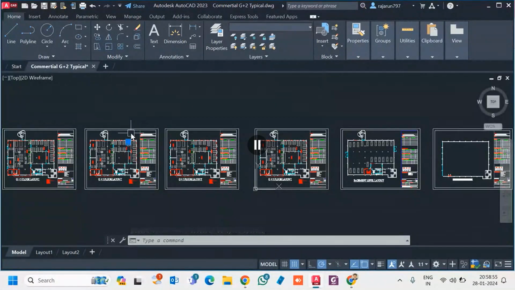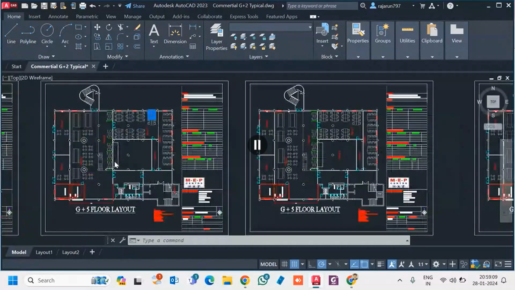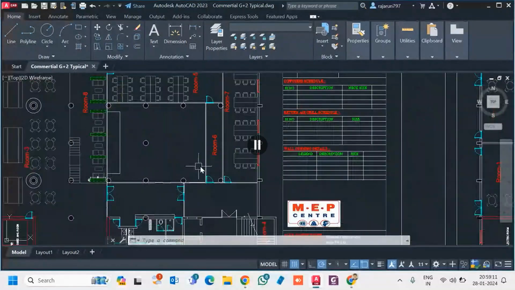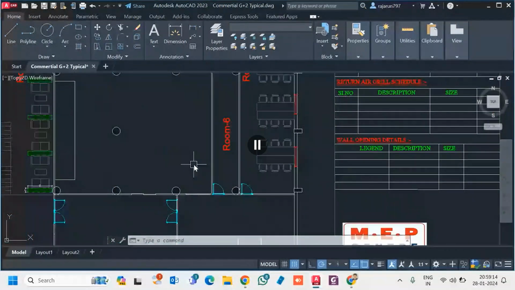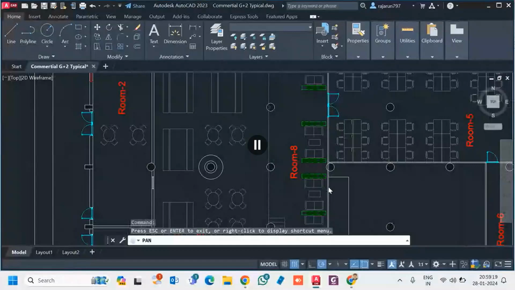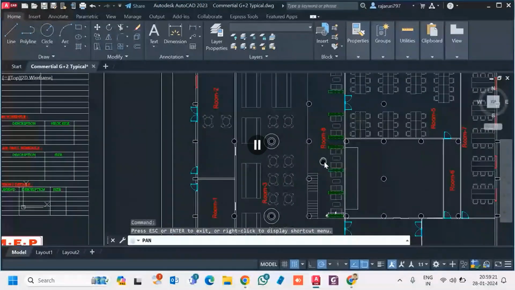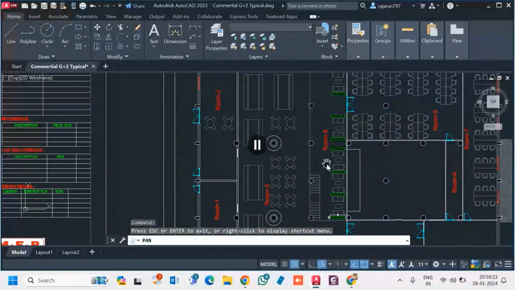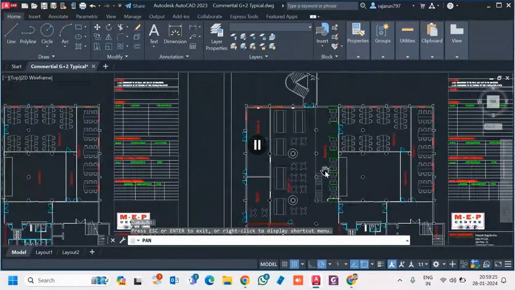Just keep it on the laptop and do like this so that you can zoom it. Use your 2 fingers. Yes, make it small, a little small.